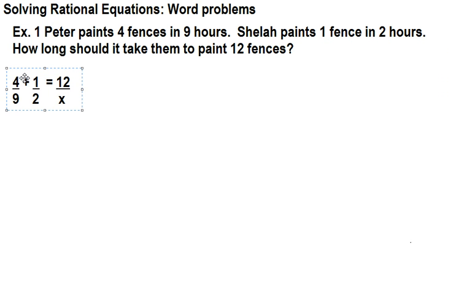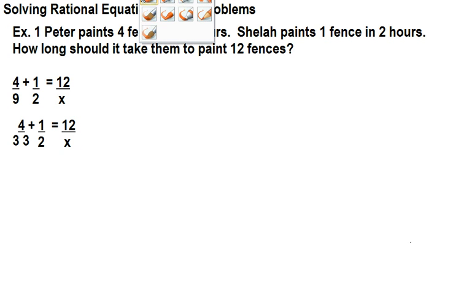Okay? So we know that the first step is to break down just the denominators. We only want to factor the denominators. So we get 3 times 3.